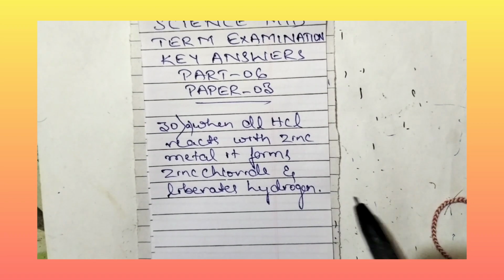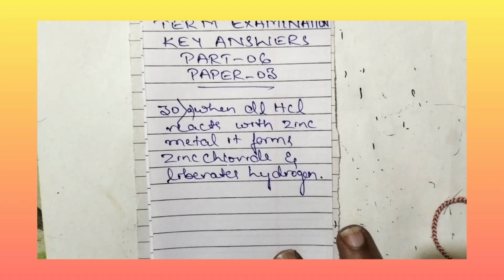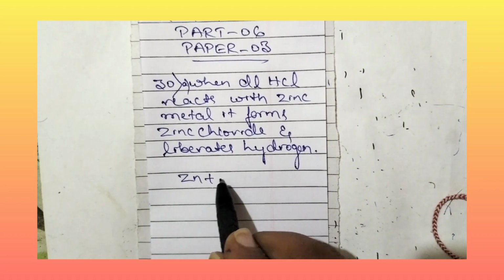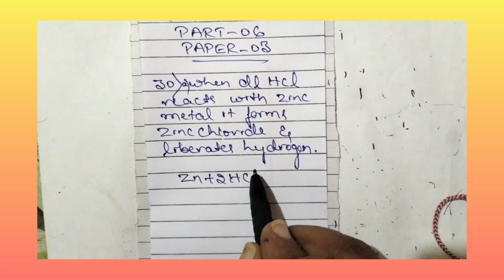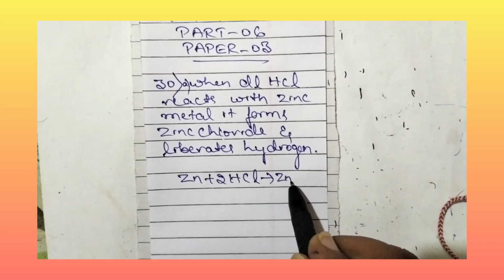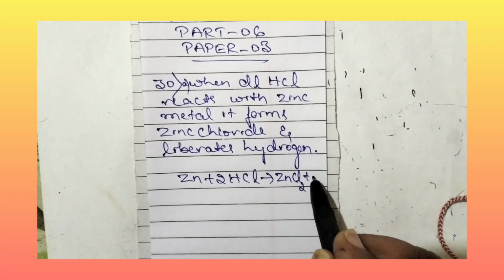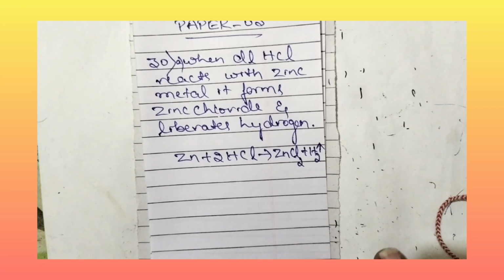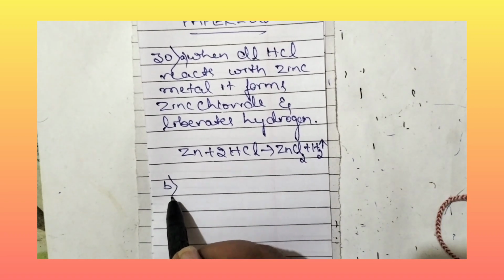So the reaction of zinc with hydrochloric acid gives us hydrogen. That is Zn plus 2HCl gives ZnCl2 plus H2 liberated. This is the equation, and this is the answer for the first question.